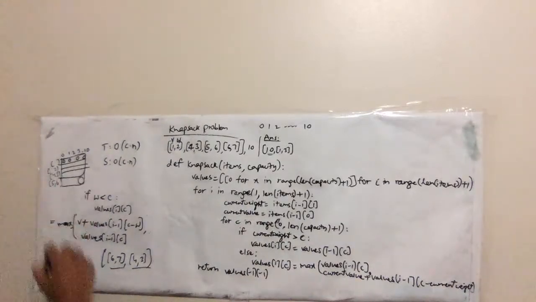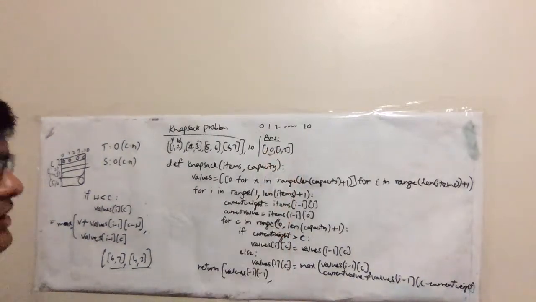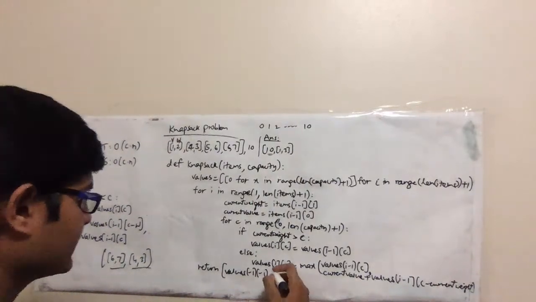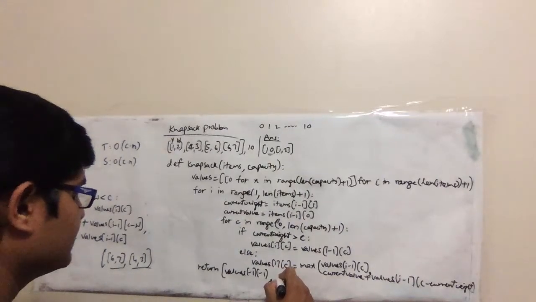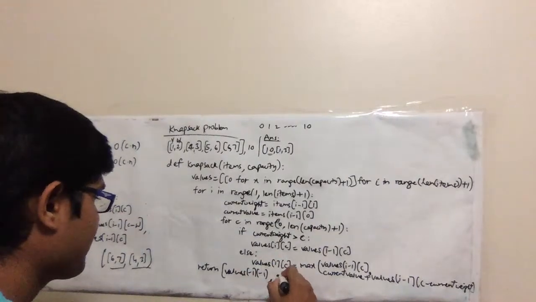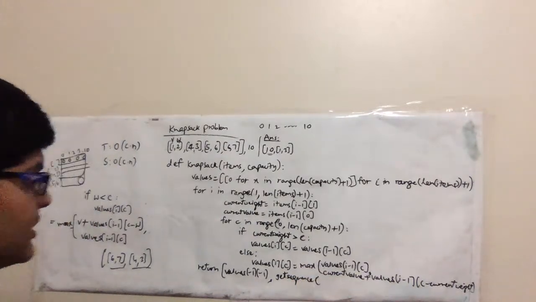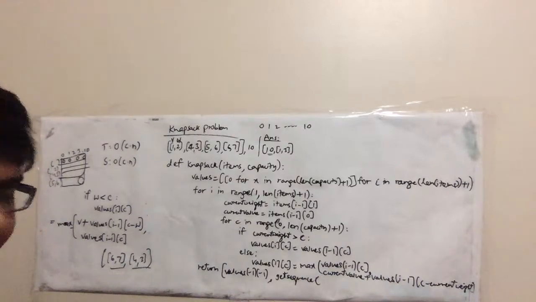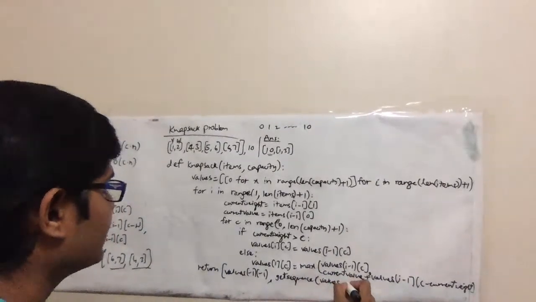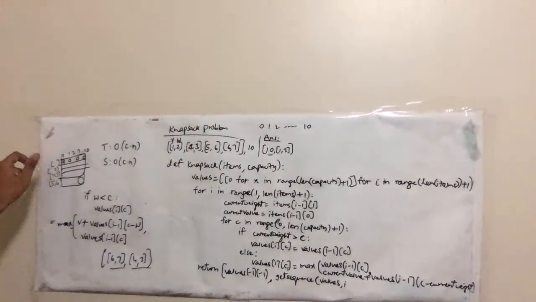This is this value, and this is going to be sending a list, and this iteration, this sequence, we need to calculate in a different function, in a helper function, you can think. And I will call a get sequence function, and we will pass two values, the values array which we built here, and the items.